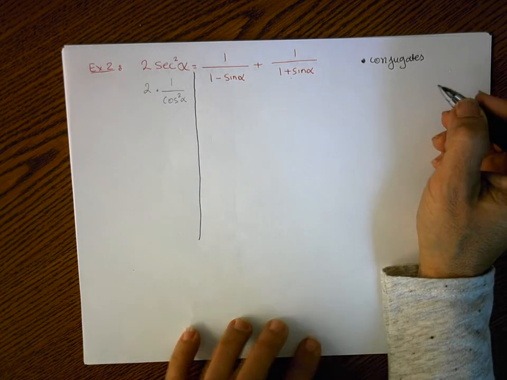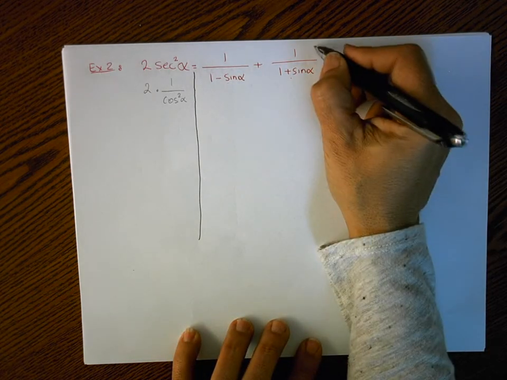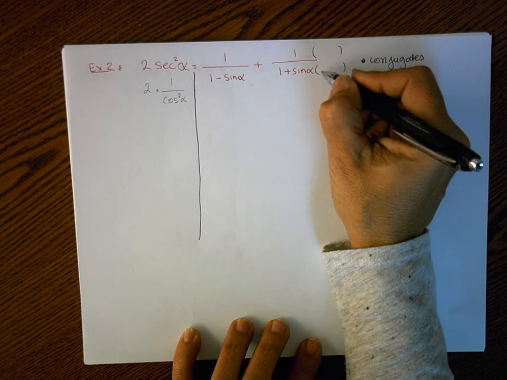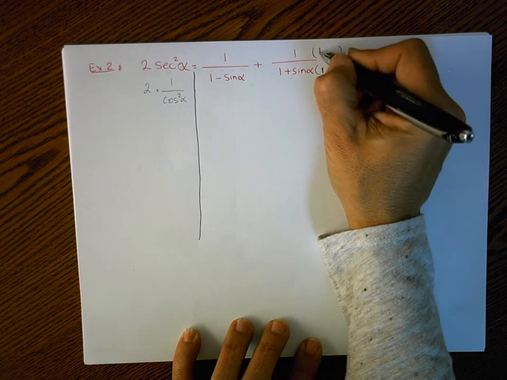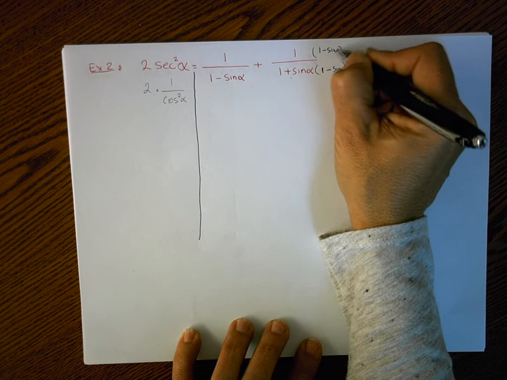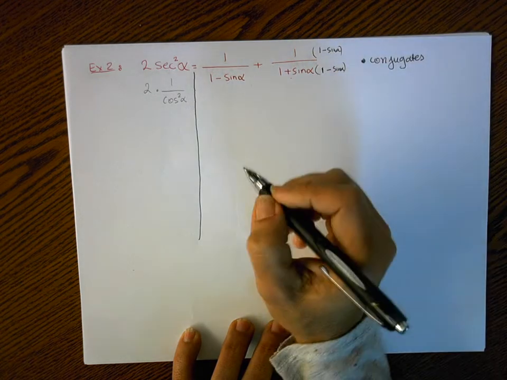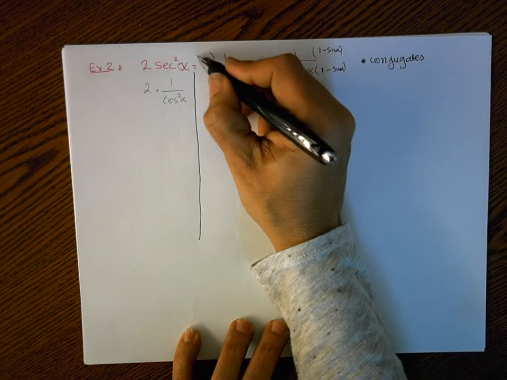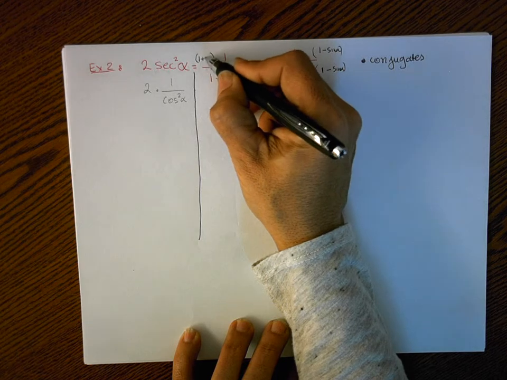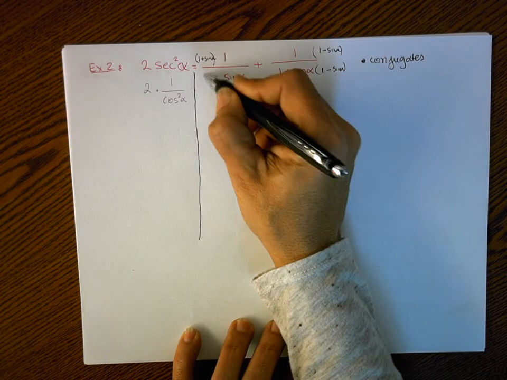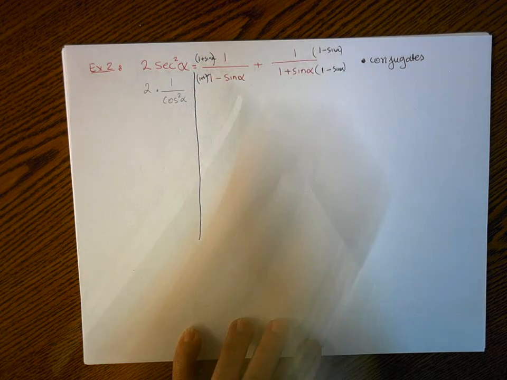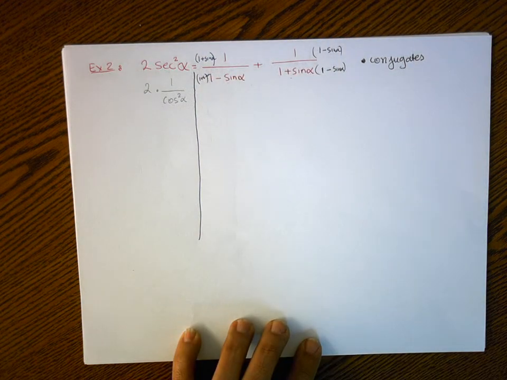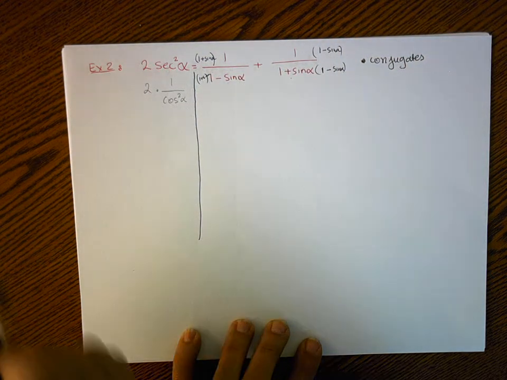So I multiply top and bottom on this side by 1 minus the sine of alpha. On this other side, I'll multiply by the conjugate, 1 plus the sine of alpha. I'm multiplying both sides by the conjugates.